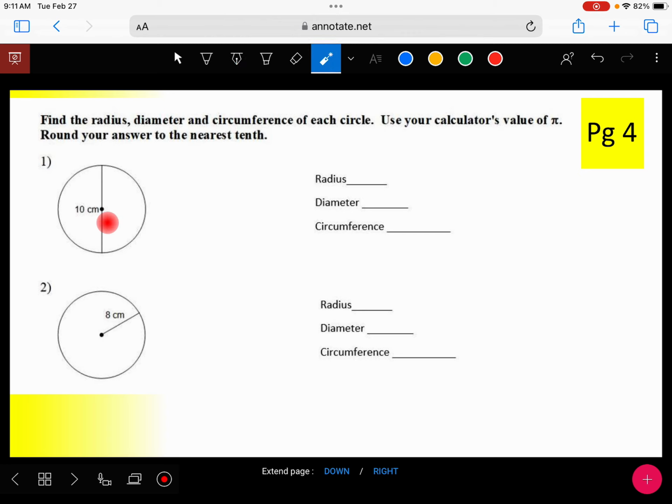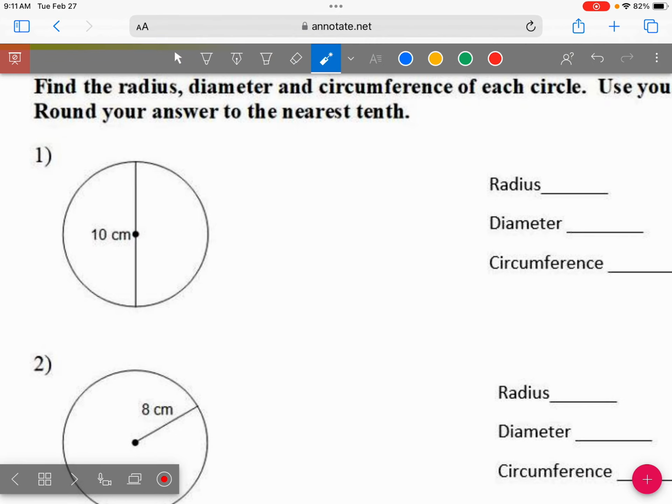But again, I want to make sure you understand the reason why this is a diameter is because it goes through that dot. That dot is the center. We cannot call it a diameter unless it goes through the center. So that 10 is your diameter.